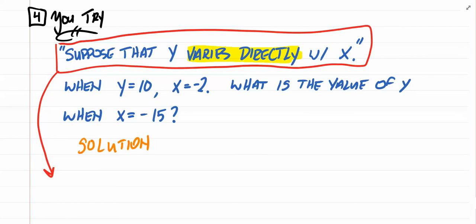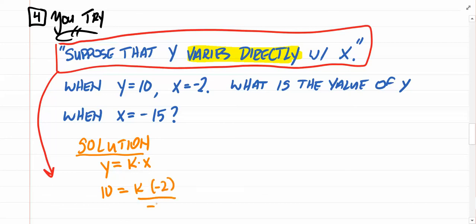Okay, I hope you guys got this one correct, but if not, here's how it goes. So suppose that y varies directly with x. I know that I can write down y is equal to k times x. Then it says when y is equal to 10, so 10 is equal to k times negative 2.